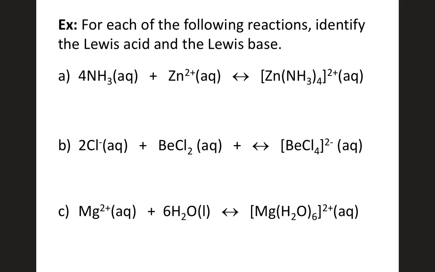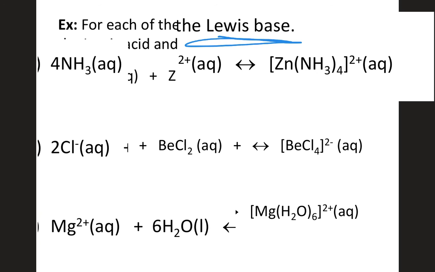Now we're going to look at how to identify a Lewis base when it's not a typical acid-base reaction that fits the Bronsted-Lowry definition. We don't have proton donation here. So what we're looking for is that a Lewis base would be an electron donor, aka a ligand, something that's really good at donating electrons.